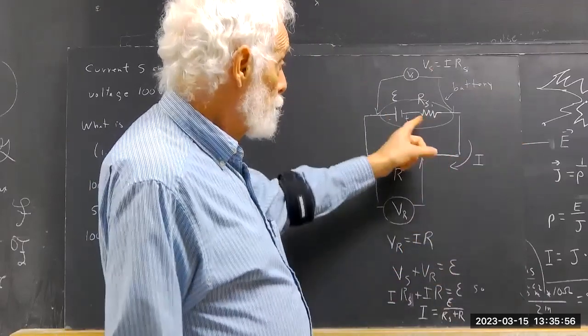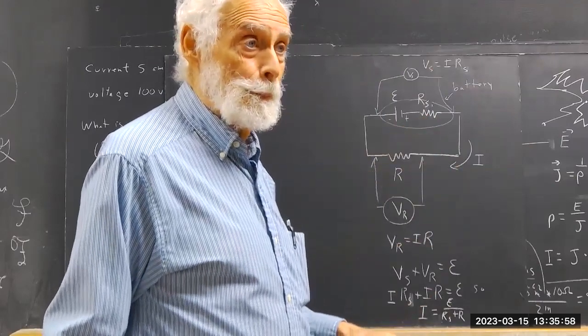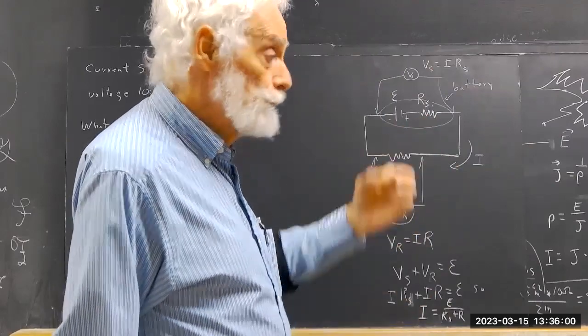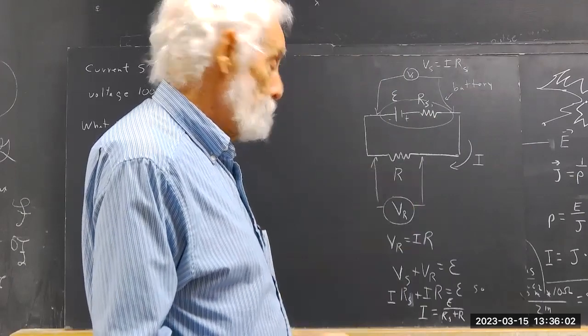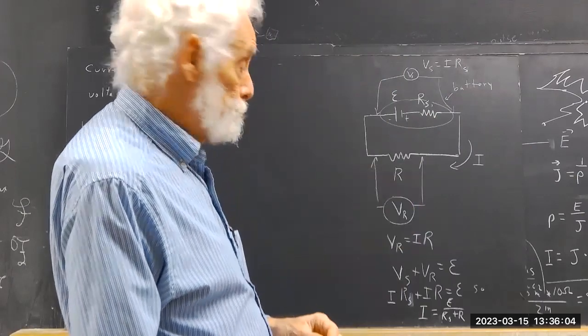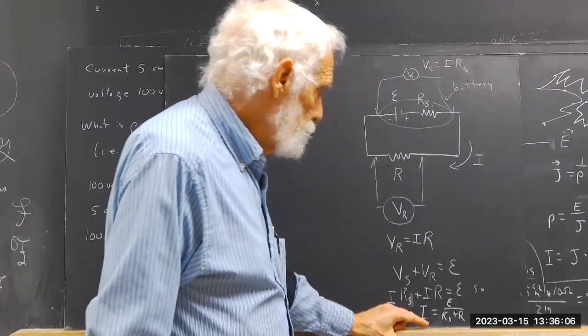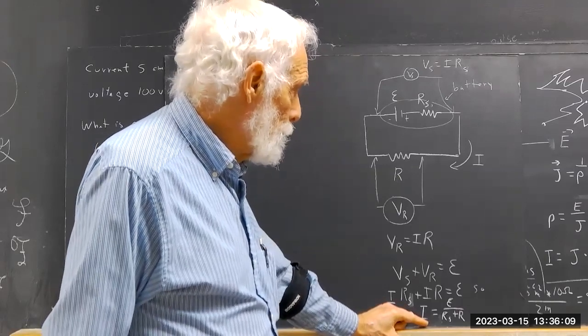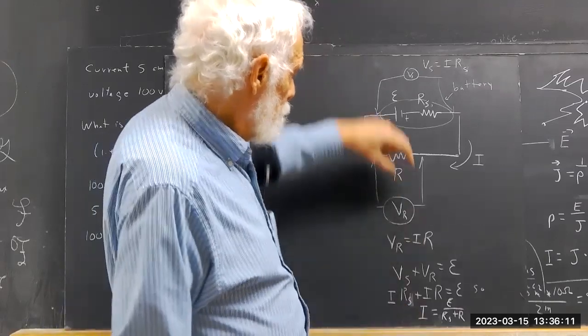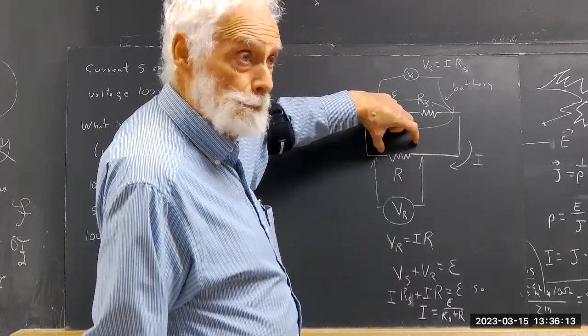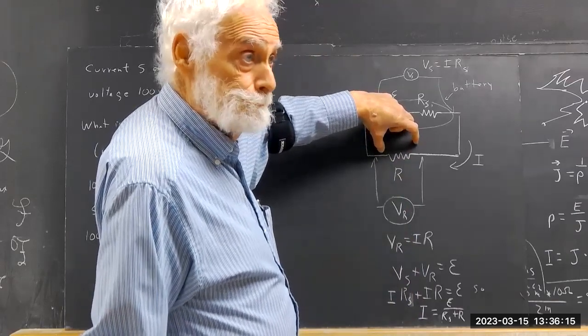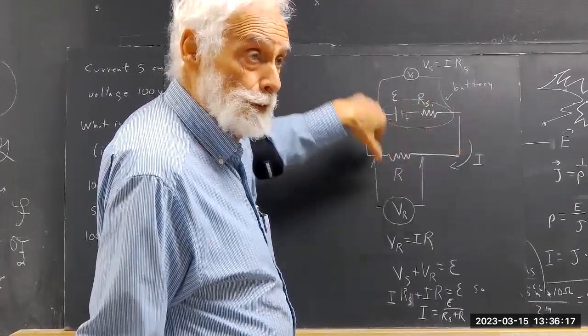The bigger ones have less internal resistance. Smaller ones have more internal resistance. We'll measure that. So the bigger ones are going to give you more voltage across your load, across the resistance of the circuit.